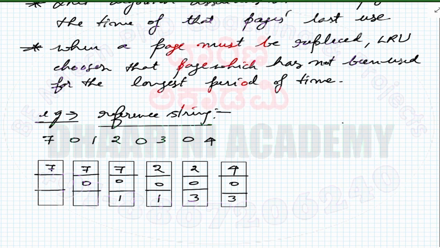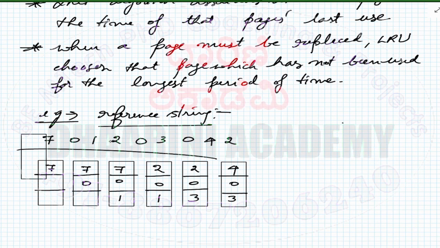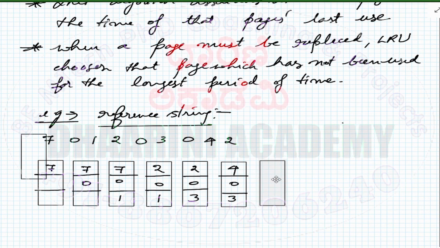Now if 2 comes, you know that 0 has been used, 4 is the newest one, so which one is to be replaced? Now the 3 gets replaced. So in this case 4 0 2 and so on.